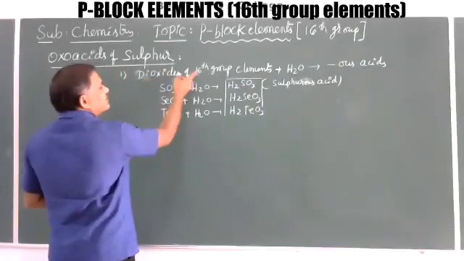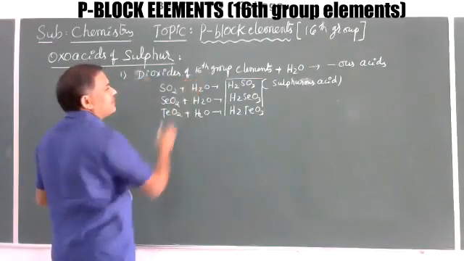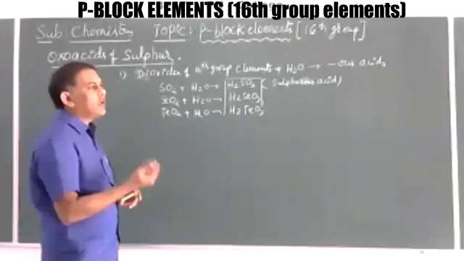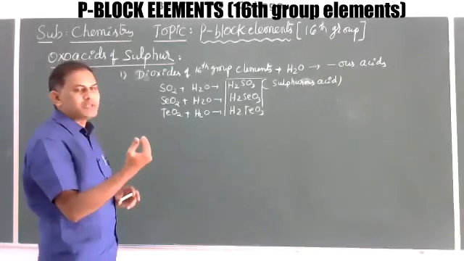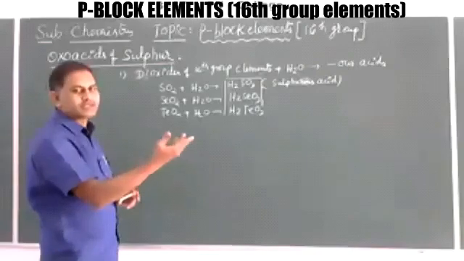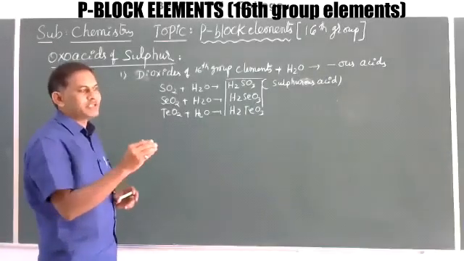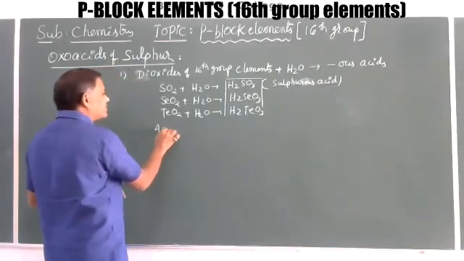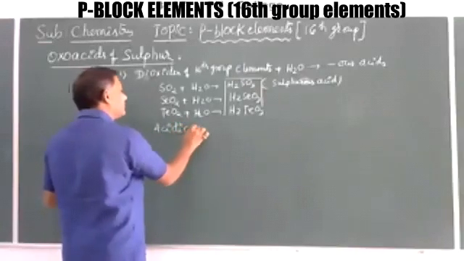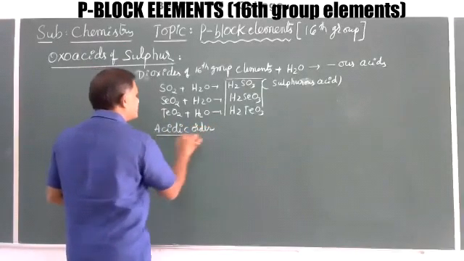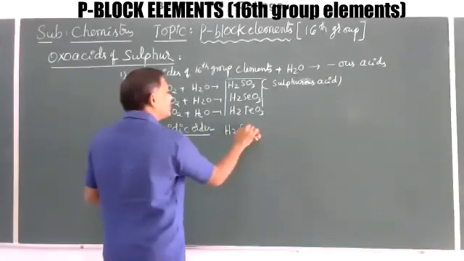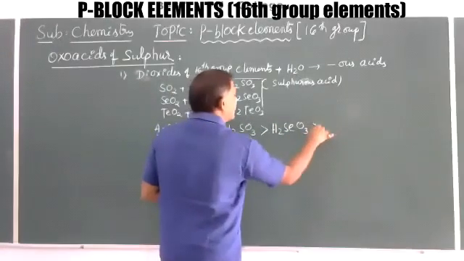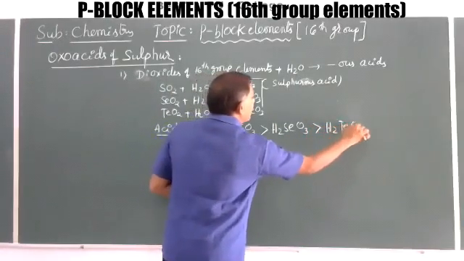When dioxides of 16th group elements are dissolved in water, they give ous acids. It means the oxidation state is less than +6. The highest oxidation state is +6; less than that, like +3, +4. Now the acidic order of these ous acids is H2SO3 is greater than H2SeO3 is greater than H2TeO3.